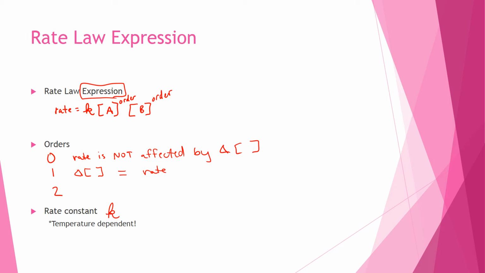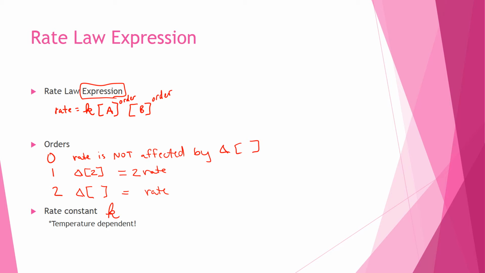So for instance, if my concentration doubles, then my rate is going to double as well. If my concentration were to triple, then my rate would triple as well. Second order is basically the exponent of 2. So my concentration change will cause my rate to change by the second power.